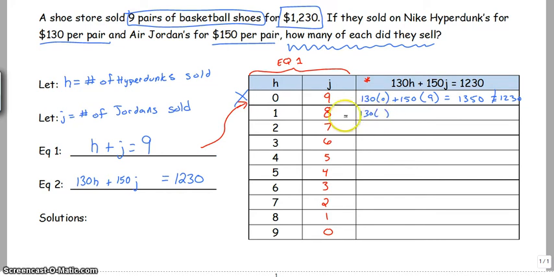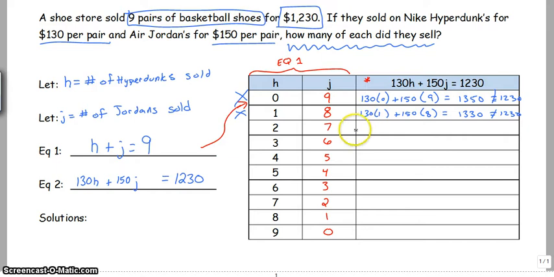130 times H, which is 1, plus 150 times J, which is 8. I run that calculation through. I get $1,330, which is still not equal to $1,230, making this not a solution.